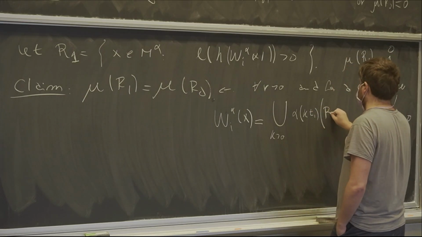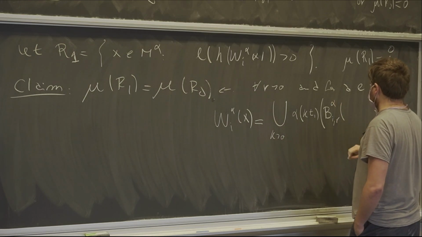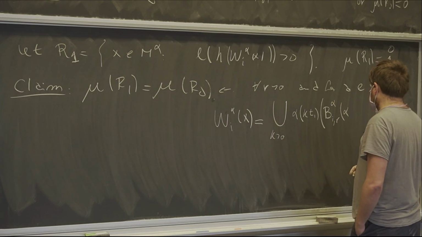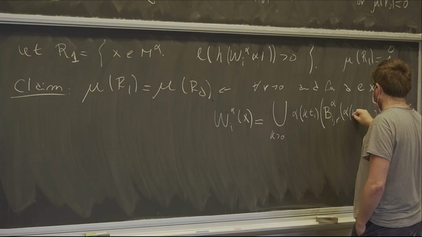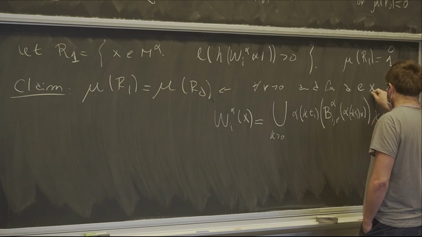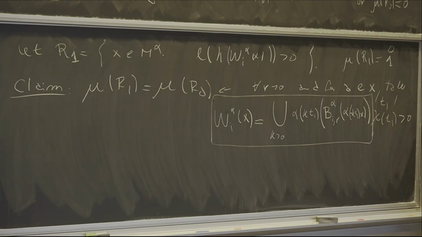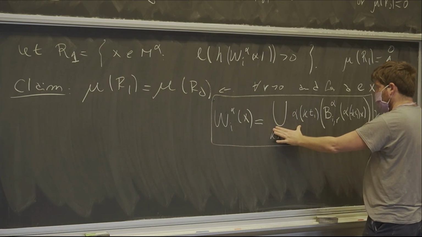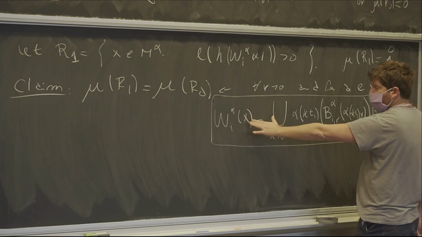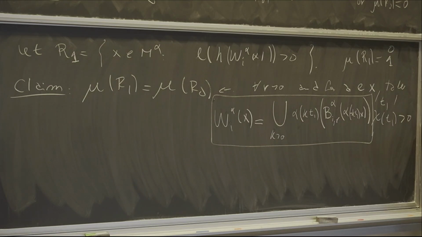T1 of this B I R alpha in alpha k t1 minus t1 of x. And this is just saying that when I take two points in this set and I iterate them backward, they are asymptotic.